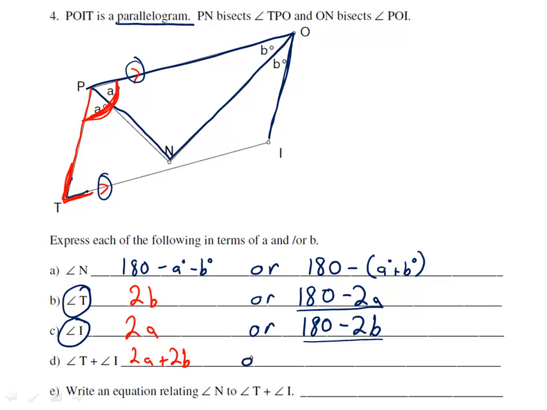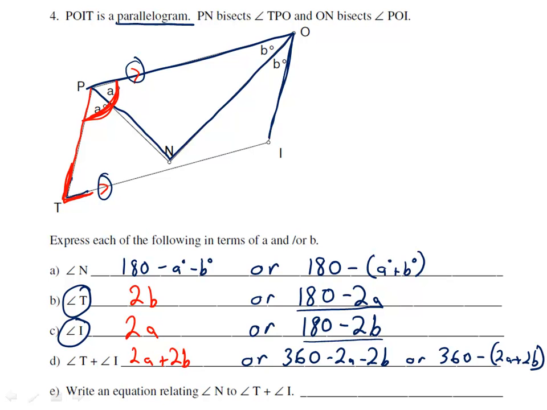So we could say 360 minus 2A minus 2B. Or, you could also say 360 minus the sum of 2A plus 2B. It's the same thing.